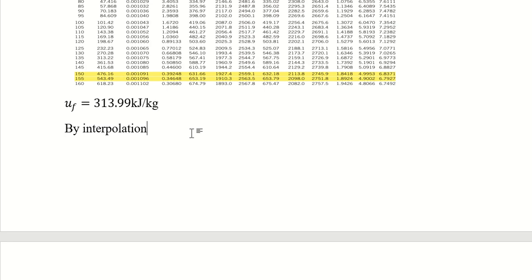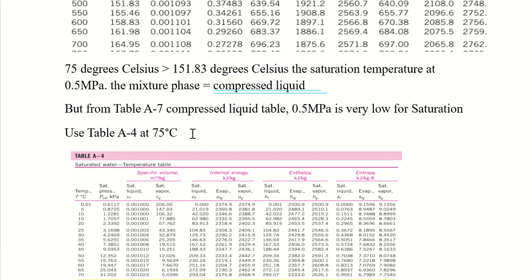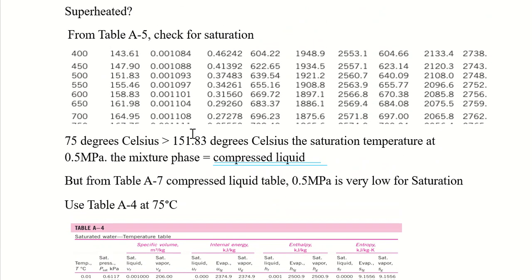So by interpolation, that's the first step. But remember, we were given a pressure of 500, and we found that the saturation temperature is 151.3 degrees Celsius.